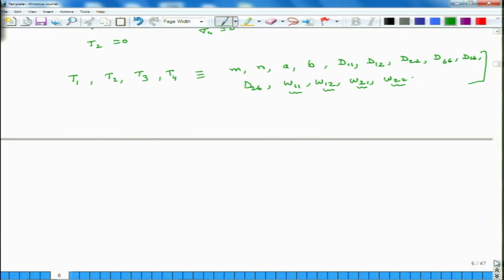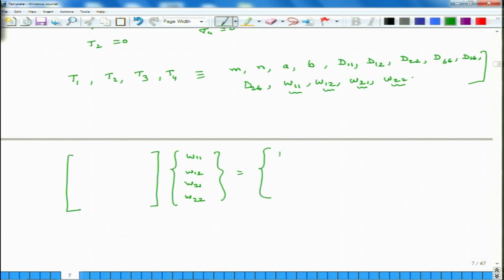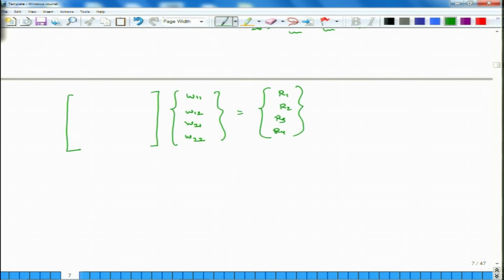So, we can rearrange these equations in this format. So, this is a 4 by 4 matrix. In this matrix this is known and this is known.